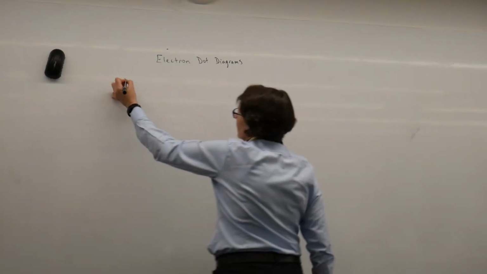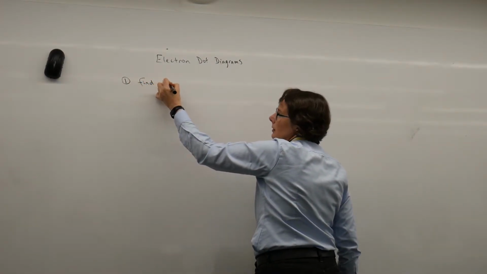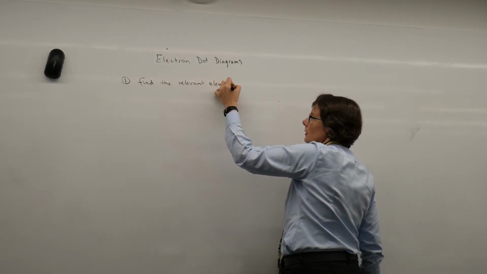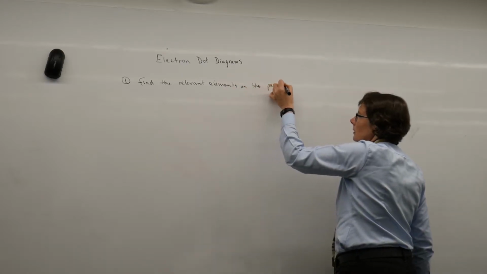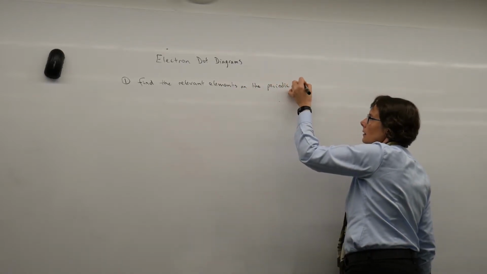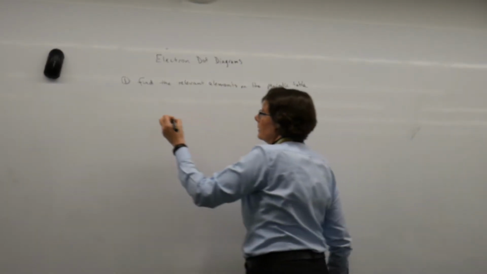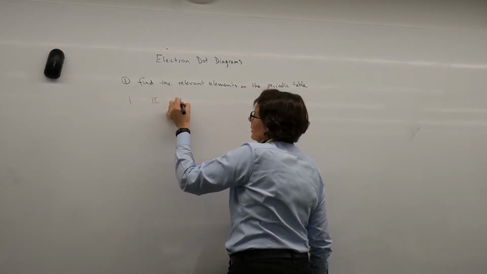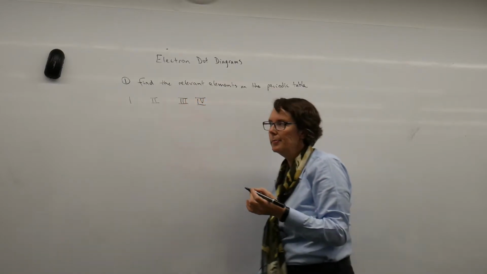Step 1 is to find the relevant elements on the periodic table. Across the top of the periodic table, remember we've got our Roman numerals, and we've also got our Arabic numerals.